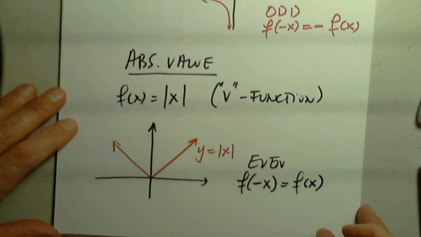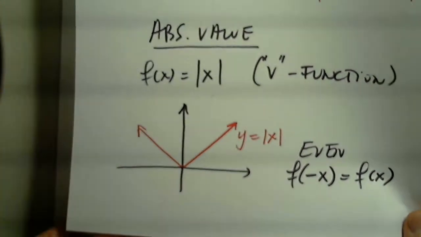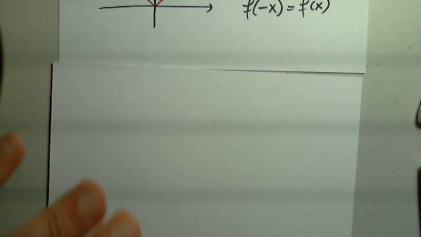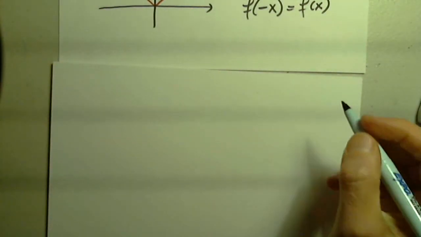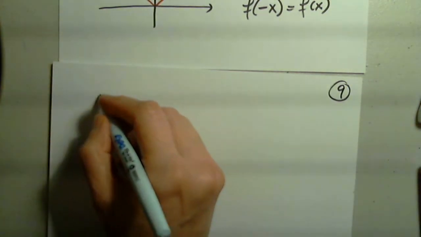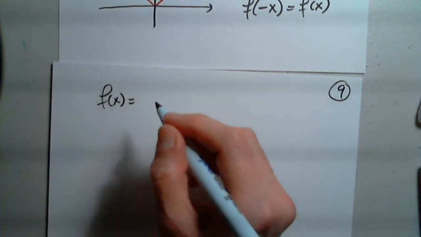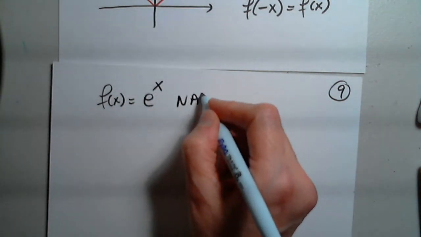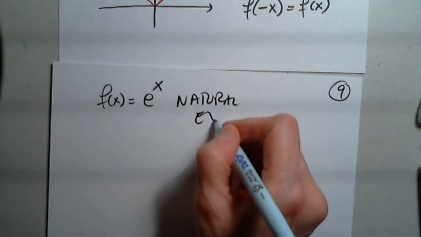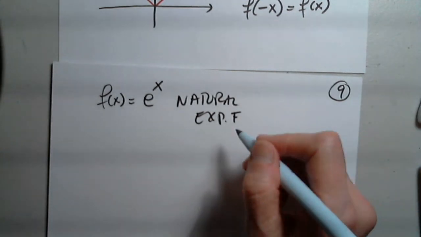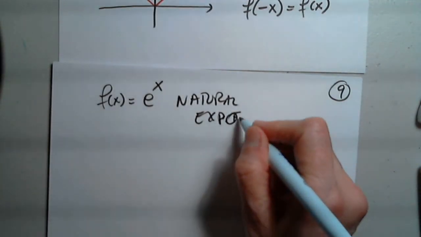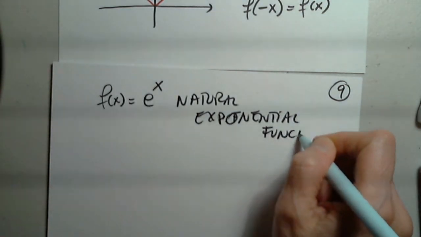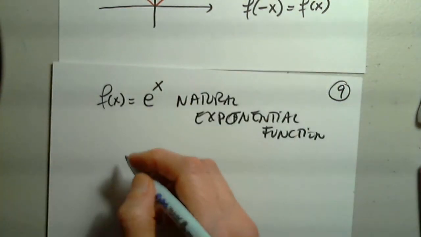And just one more and I'll stop. The exponential. Although we have a chapter that deals with the exponential function, let's look directly at the natural exponential function. Let me write the whole thing. Please remember these graphs.